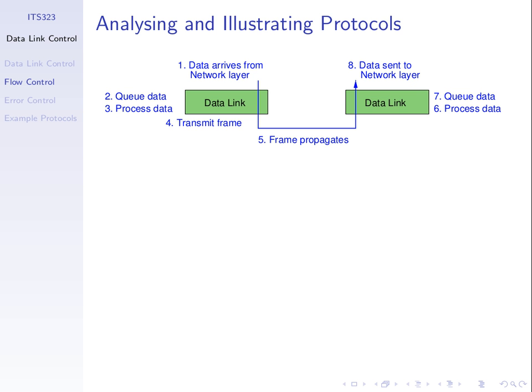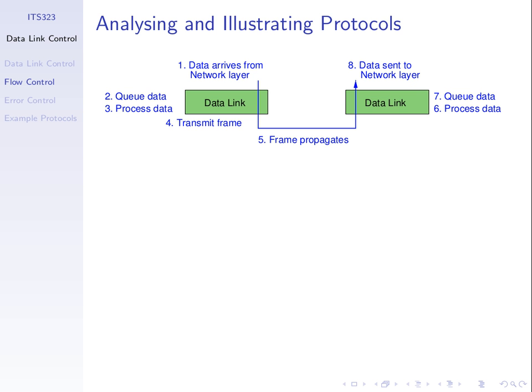So looking specifically at the data link layer, the steps are the data arrives from the network layer. Maybe it's queued. Maybe it has to wait for some other data to be sent. It's processed. We transmit the frame by sending it to the physical layer. The physical layer transmits the signals.